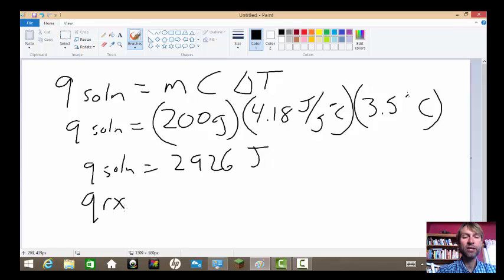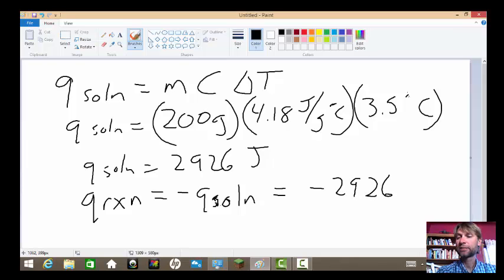That means that all heat is conserved, and the Q of the reaction equals minus Q of the solution. Sorry about the handwriting. So that is going to equal minus 2926 joules. Okay, so that is the heat of reaction.